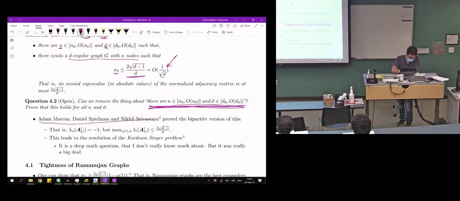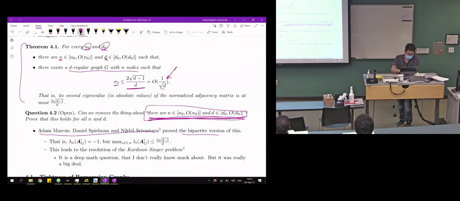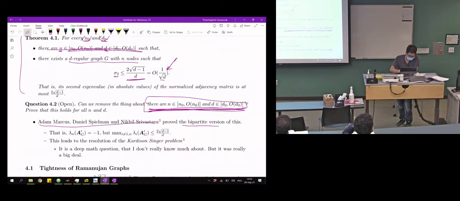These people prove they can remove this thing, but they prove something which is a bipartite version of this theorem. What I mean is that lambda n is still -1, but everything else except the first lambda and the last lambda is now small.